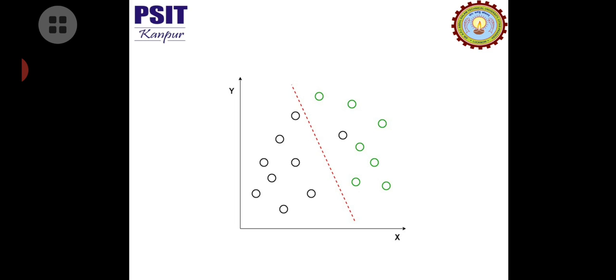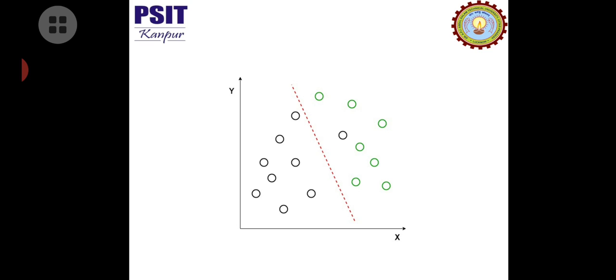In this diagram, we have two data sets. Let's suppose the first data set is A, represented by black color, and the second data set is represented by green color. When you plot these data points on a 2D plane, with the help of a straight line you cannot separate these two different data sets.